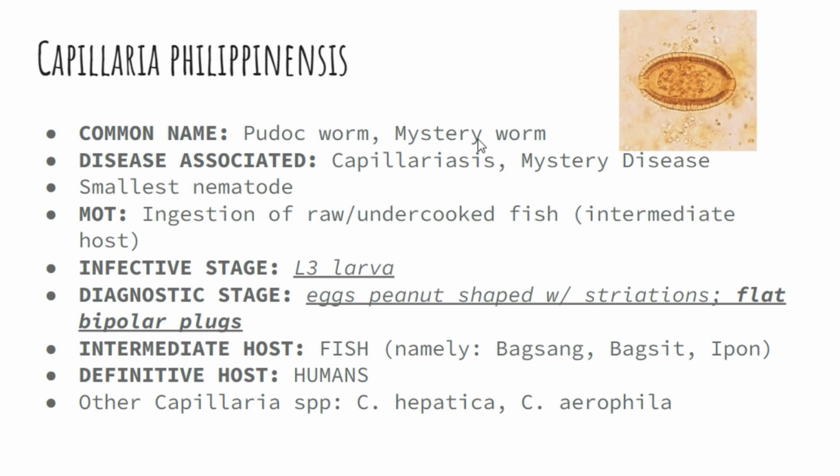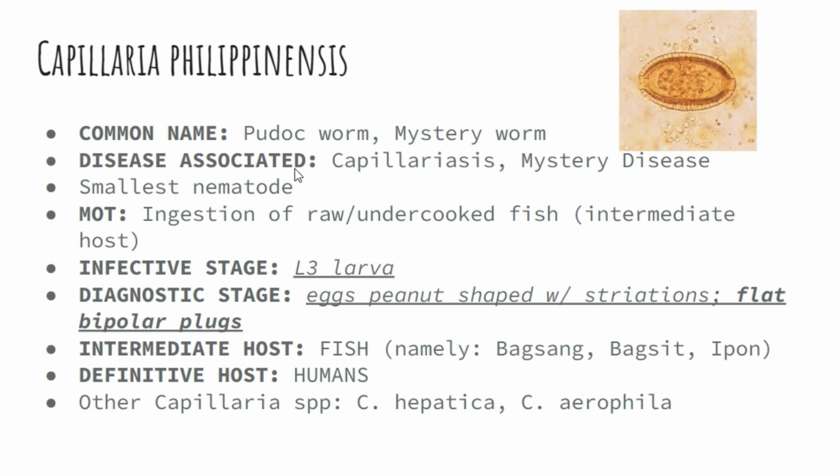Pinangalanan naman po siyang mystery worm kasi there was a time na merong isang baryo dito sa Pilipinas na yung mga tao doon sa area or sa barangay na yun, bigla-bigla sila nagkasakit. Nagkaroon ng misteryosong sakit doon sa area nila or doon sa barangay nila. And then it was later on found out na ang nag-cause ng misteryosong sakit na yon ay ang Capillaria philippinensis. Hence the term mystery worm. So yun po yung story behind that.